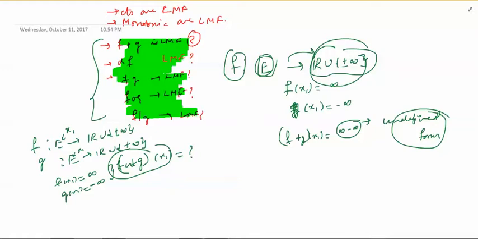Okay, so let us write down that theorem, and let us write the proof for that theorem, which will be useful for us in tackling this situation. Okay, so what is that theorem? First of all, I'll just write down the theorem.